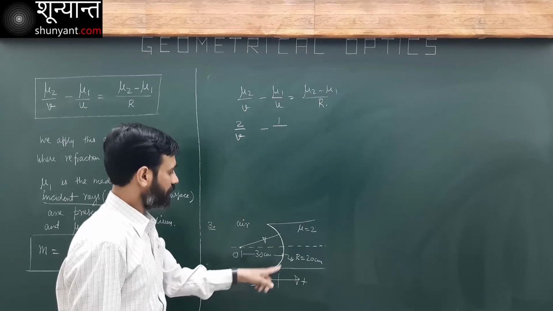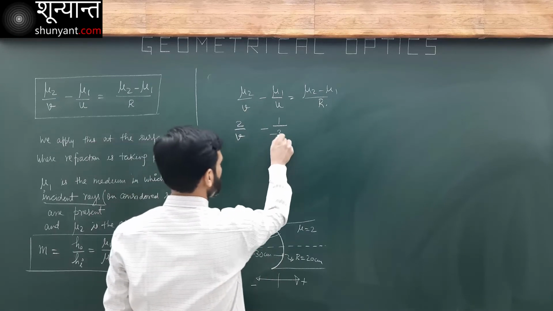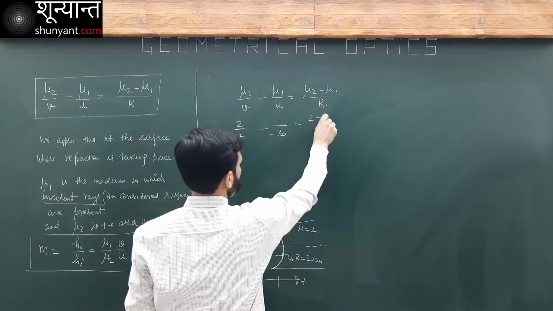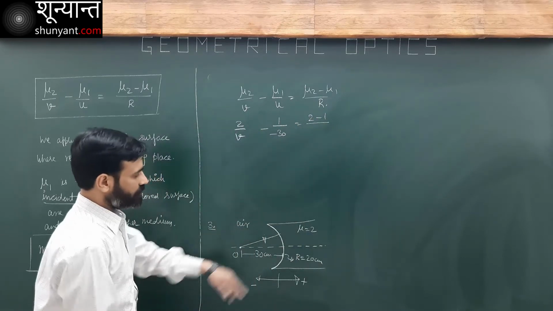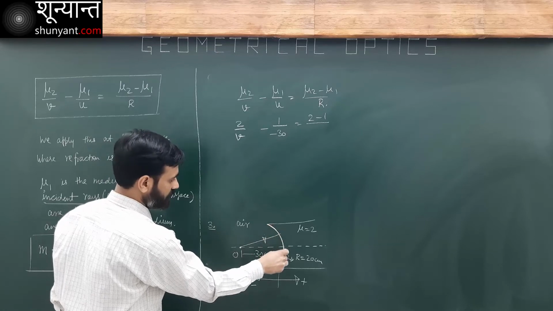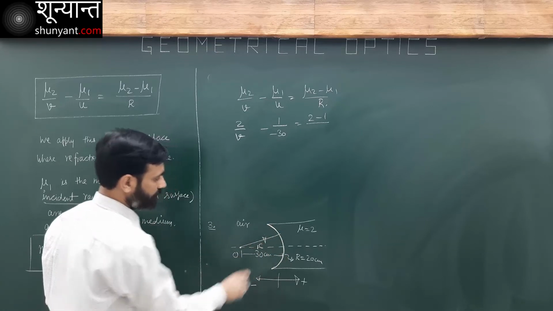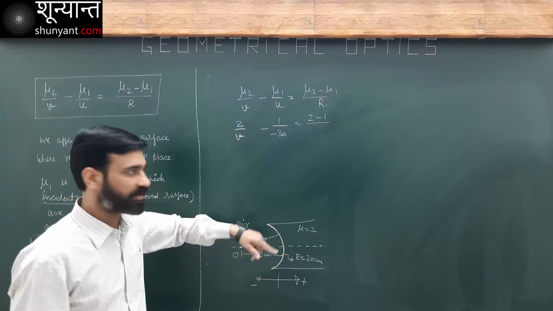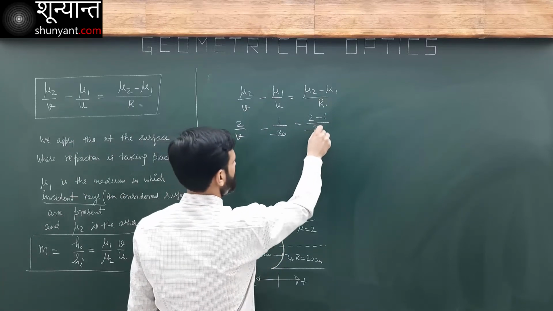U is minus 30. This is going to be equal to mu2, so 2 minus 1 over R. For this surface, its center is somewhere here to the left. It is going to be negative, minus 20 here.